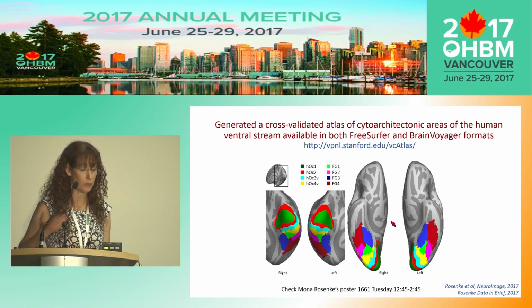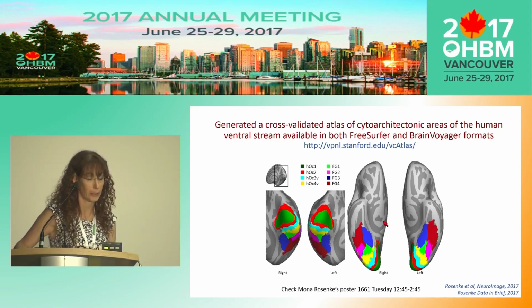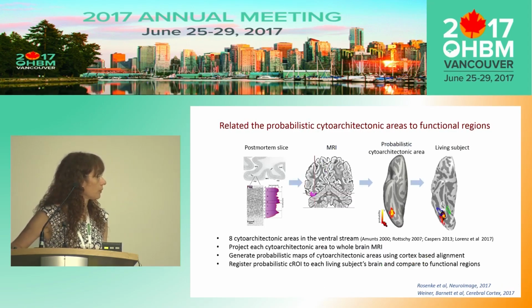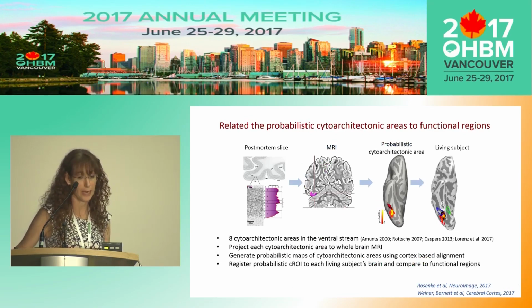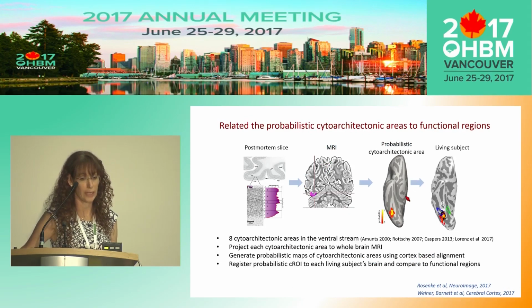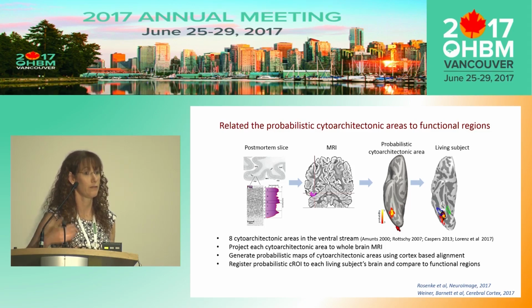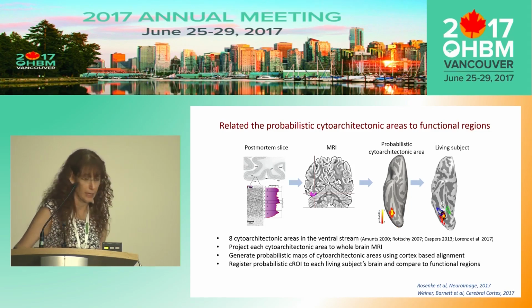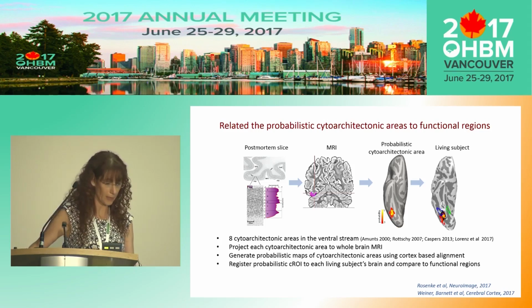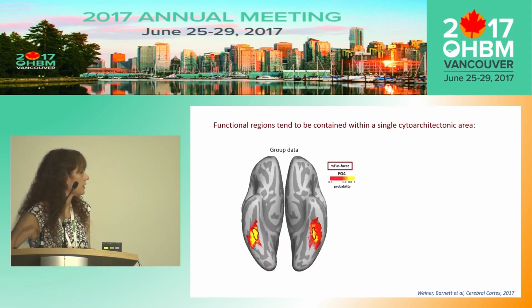So now that we have this cross-validated atlas of cytoarchitectonic regions in the ventral stream, what we could do is use cortex-based alignment and project the probabilistic map of each cytoarchitectonic region into individual living subjects' brains, where we have defined functional regions, and see if there's an overlap between a functional region and a cytoarchitectonic area. So let me show you the results of this analysis.